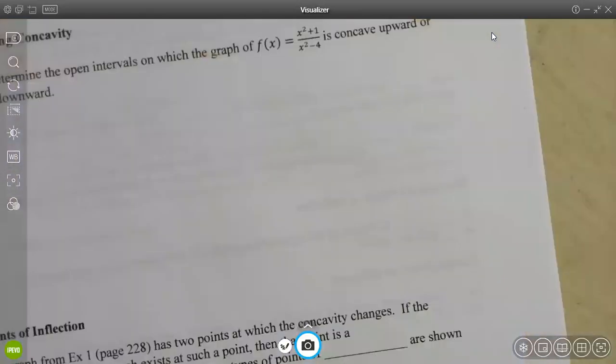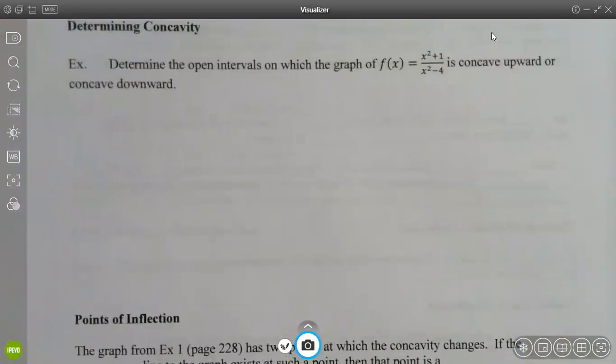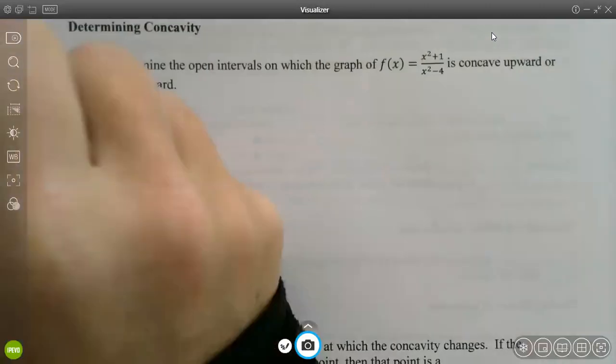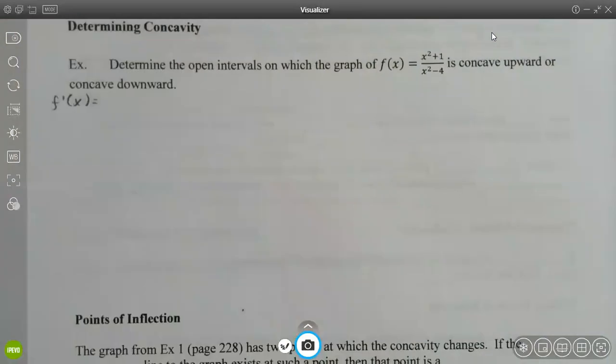Determining the open intervals on which the graph of x squared plus 1 over x squared minus 4 is concave up or concave down. So again, those intervals, same exact thing. What do we have to do? Find the second derivative. So for that, we have to use quotient rule, which really sucks.